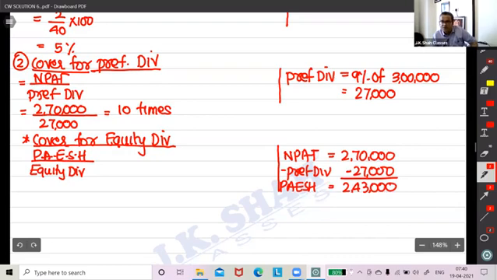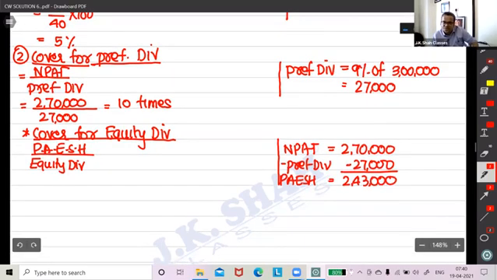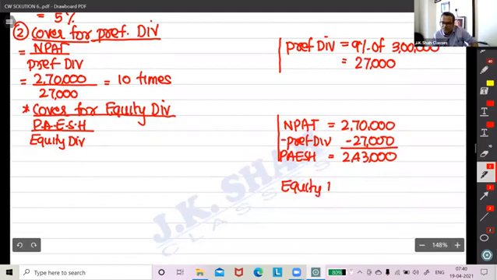Okay. And I have to just write equity dividend also. Equity dividend is how much percent? 20%. 20% of the face value. So we can say the equity face value total is 8 lakhs. Correct. 8 lakhs. So it will be 160.